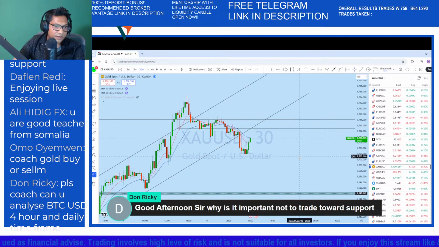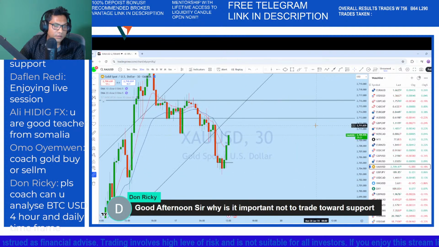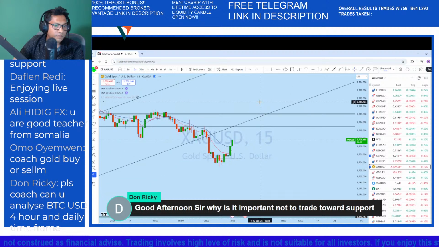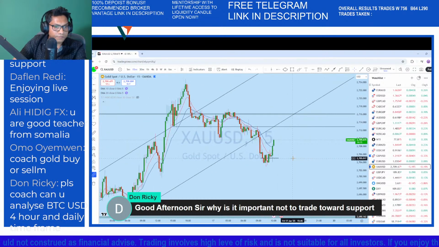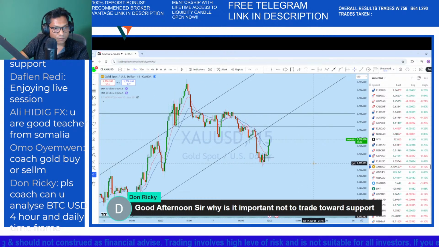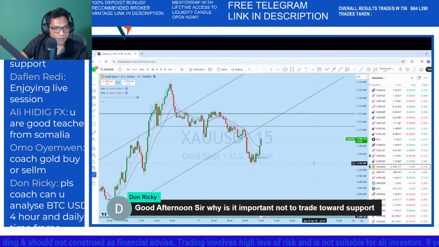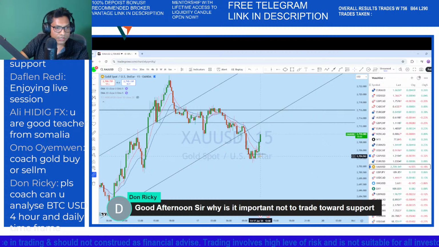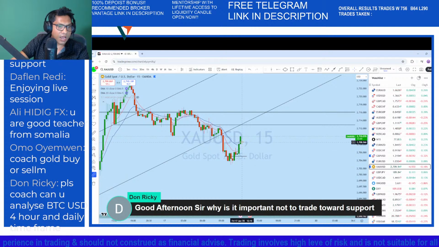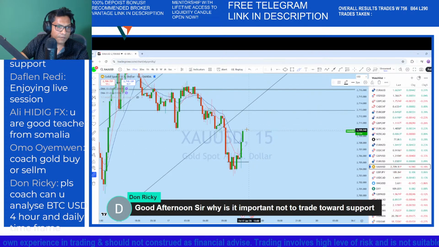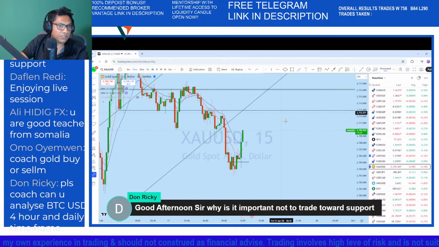Here we can see a bullish engulfer on the 15 minutes, with another bullish move here, which is basically bullish price action in that area on XAUSD.